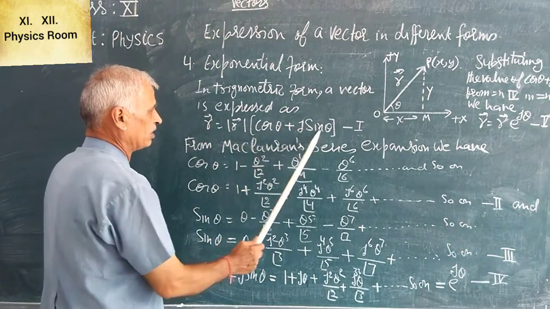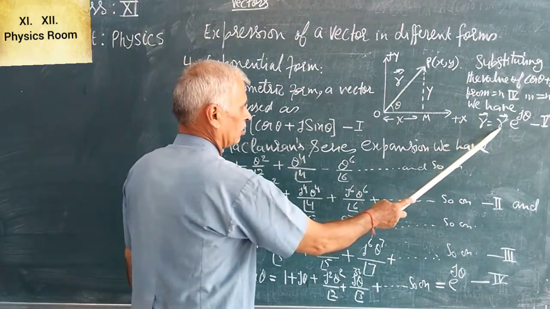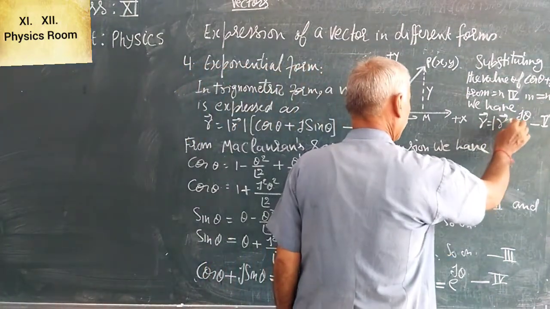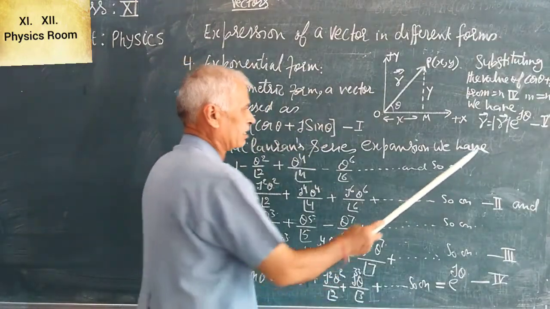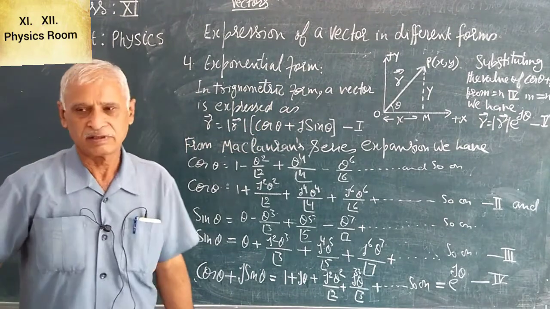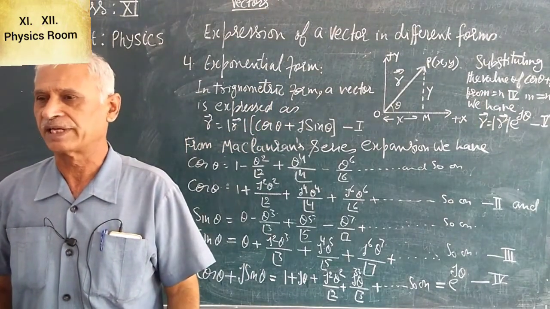In place of cos theta plus j sin theta we write e raised to power j theta. So vector r is equal to mod r e raised to power j theta. Let us mark it as equation number 5. Now equation 5 gives us the exponential form of vector r.